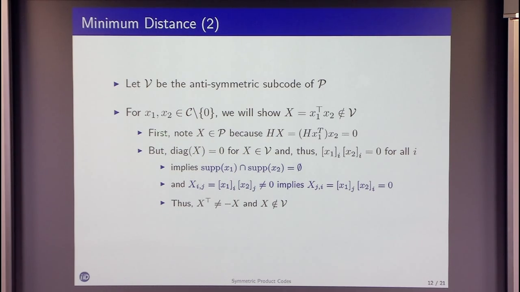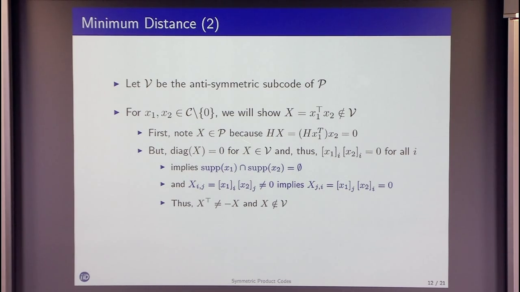So because we're forcing the diagonal of our code words to be 0, we know that when we look at the ith entry of code word 1, and we multiply it by the ith entry in code word 2, it has to be 0 under this construction for all i. And then it tells me that these 2 code words I start with have to have disjoint support. Because if anywhere the support overlaps, they have a 1 in the same position, then I'll get a 1 on my diagonal. Okay? And now what I say is if I look at x_ij, so the ij entry in my matrix, I'm going to say that x1i times x2j is not equal to 0 for some point.